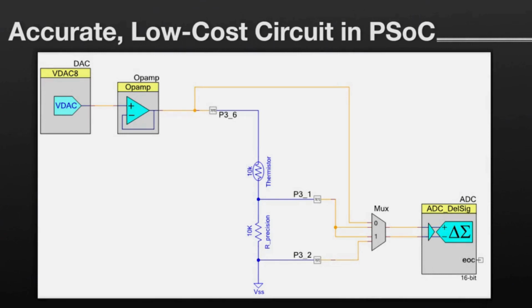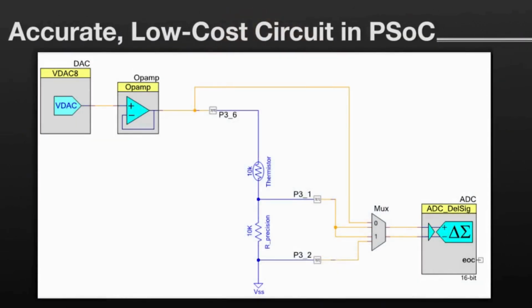5 cents. The VDAC in your PSOC kit provides a fixed voltage that can be turned on and off at will. The op-amp provides extra current drive capability that the VDAC does not. The data sheet says the output resistance can be as high as 16,000 ohms. Unfortunately, the VDAC voltage accuracy is poor.